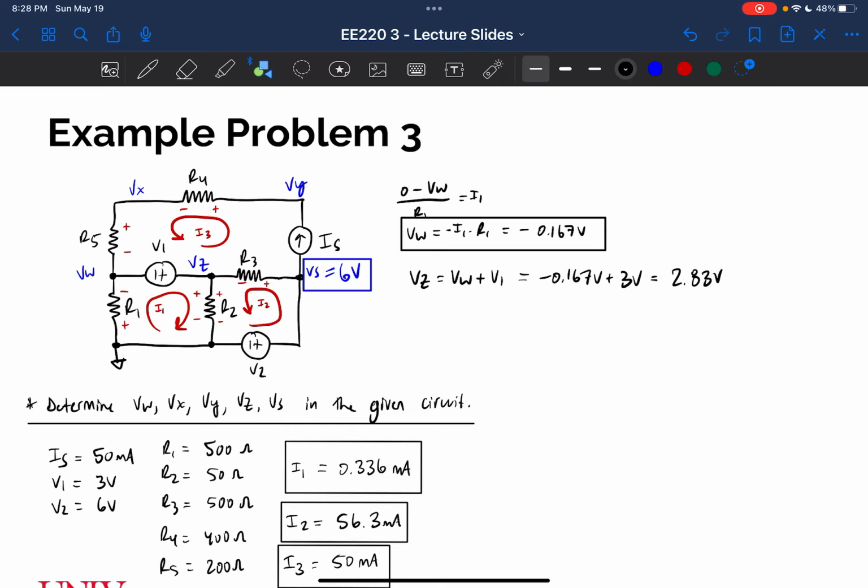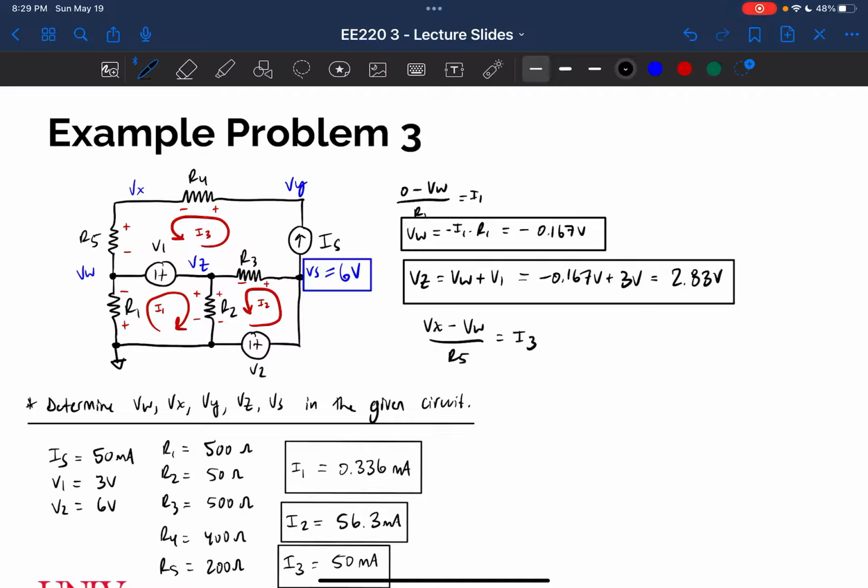So I've got VZ, I've got VW, I've got VS. I need to find VX and VY. Again, it's pretty trivial using Ohm's law to find Vx. My voltage drop across R5 is going to be Vx minus Vw. I divide that by R5, and that gives me the current that flows in R5, which is I3, which I know.